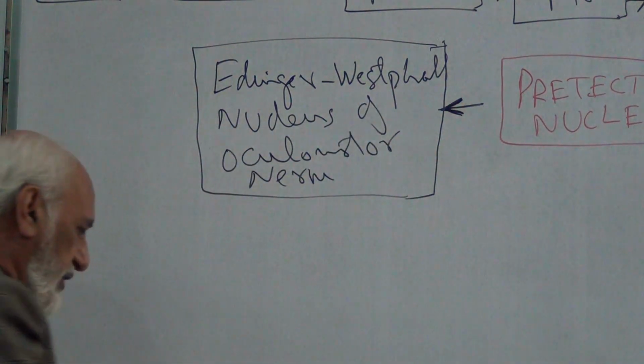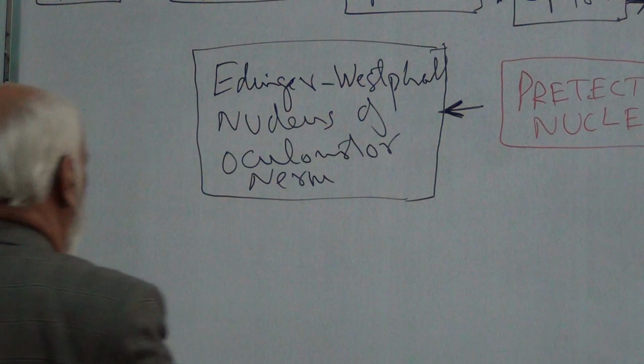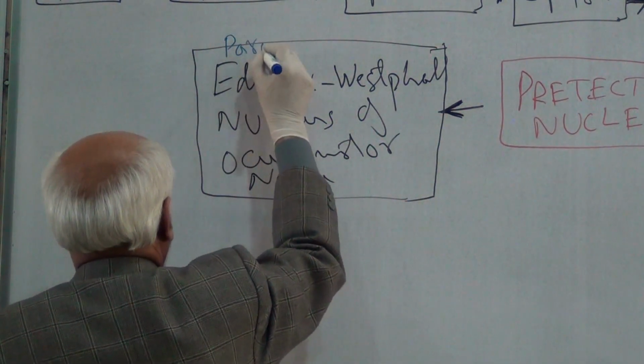Now this Edinger-Westphal nucleus of the oculomotor nerve is parasympathetic. It gives origin to parasympathetic fibers.